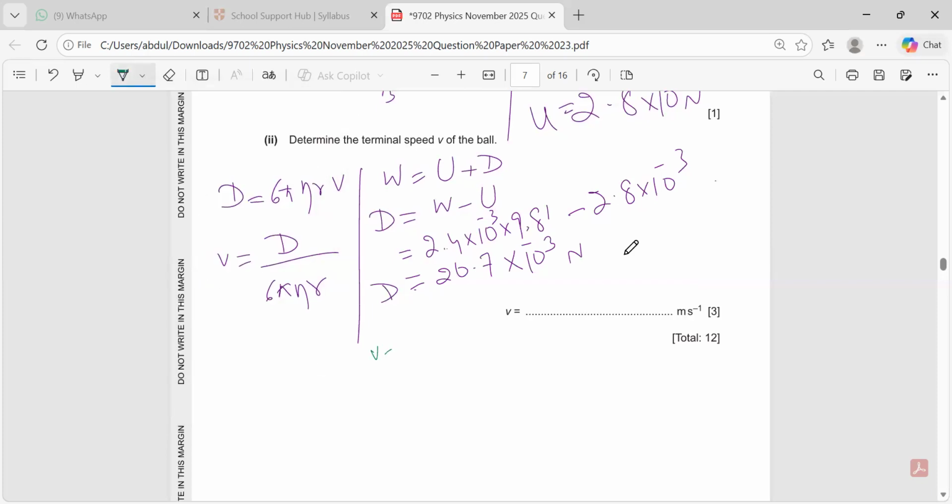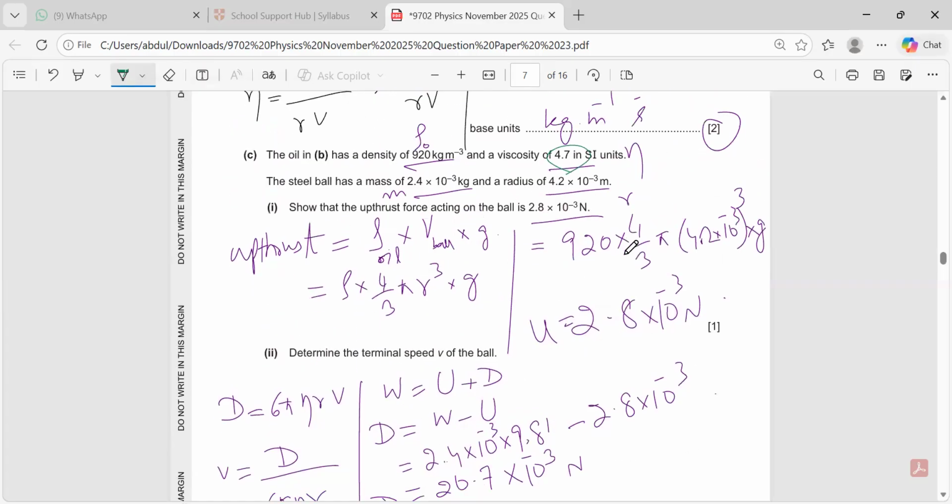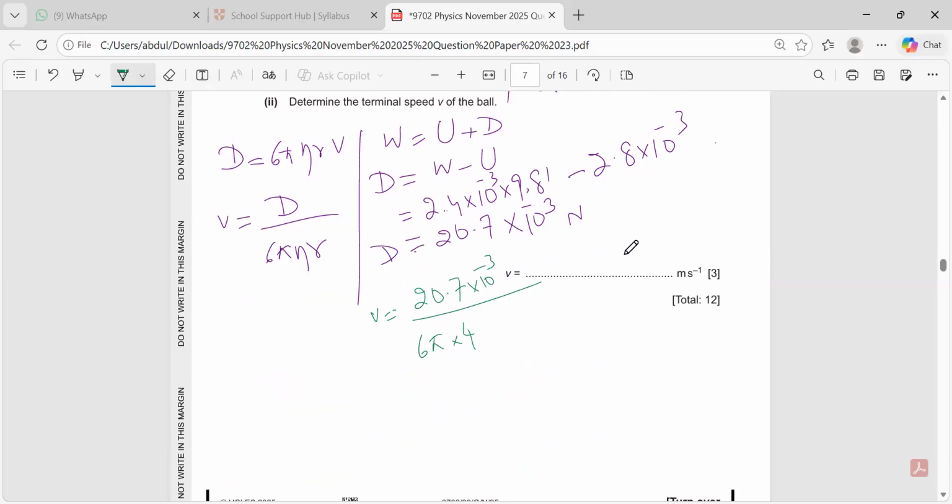Now we can use the equation for calculation of terminal speed. So v will be equal to D, which is 20.7 times 10 raised to power minus 3 over 6 pi as it is. Eta we have not calculated, it is given, 4.7. See here, this is eta, 4.7, times r.